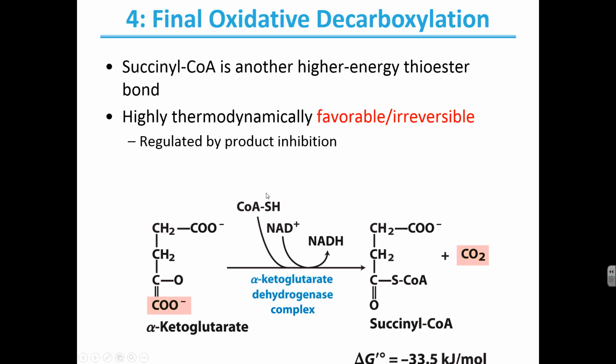With this step, we bring another CoA molecule in so that we are forming another high-energy thioester bond. Forming this high-energy bond is going to allow us to produce an energy equivalent in the subsequent reaction. This alpha-ketoglutarate dehydrogenase enzyme is actually a complex very similar to the pyruvate dehydrogenase complex.